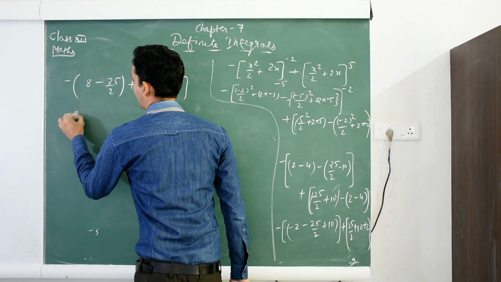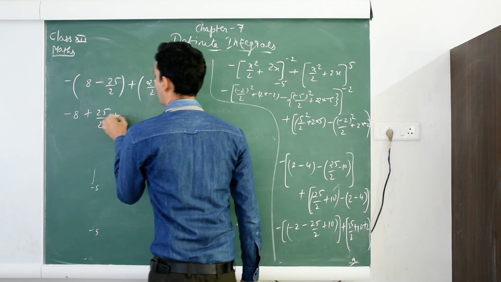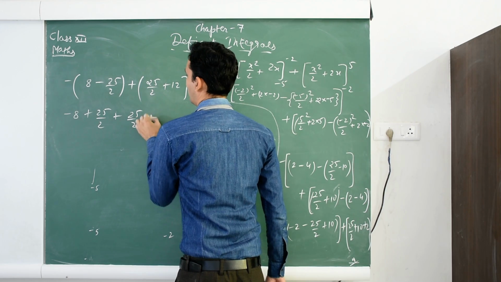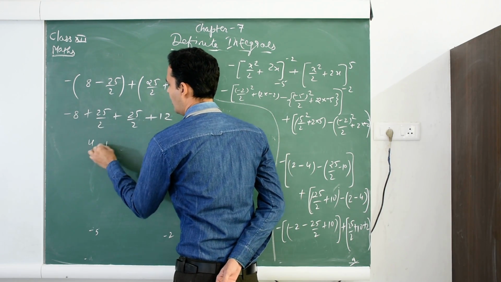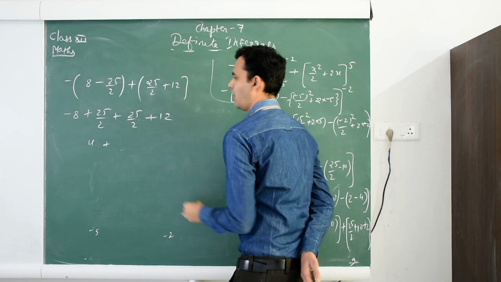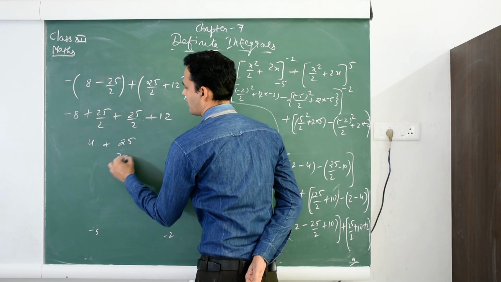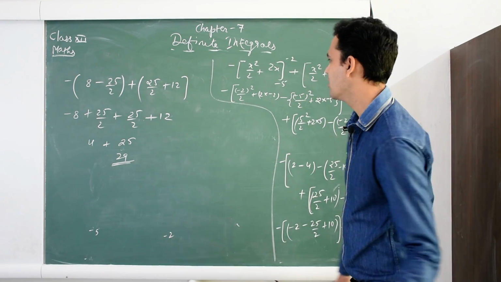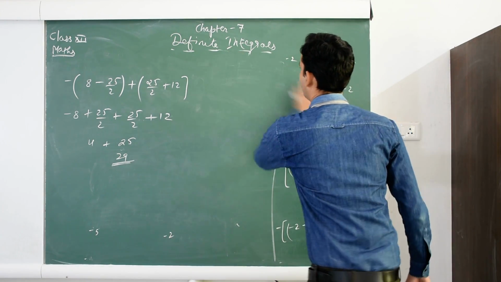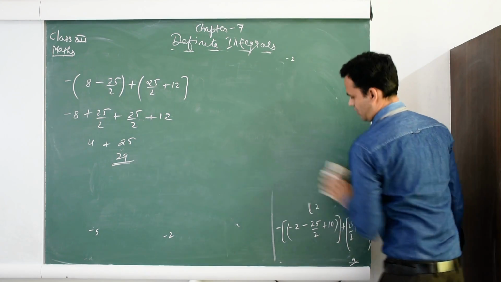So minus 8 plus 25 by 2 plus 25 by 2 plus 12. So 12 minus 8 is 4, plus 25 by 2 plus 25 by 2 is 25. So the answer is 29. Okay. So you can solve this question. Now next question.